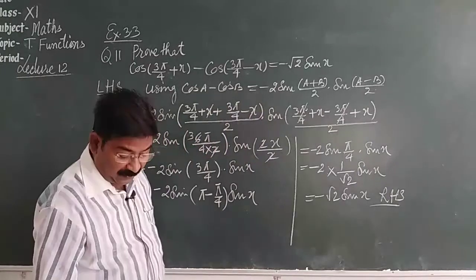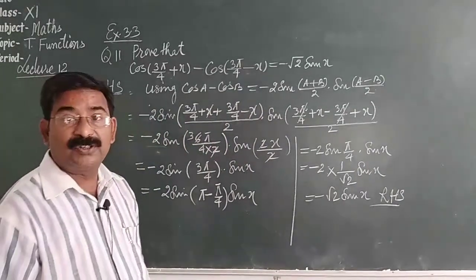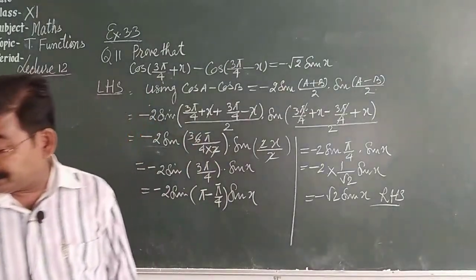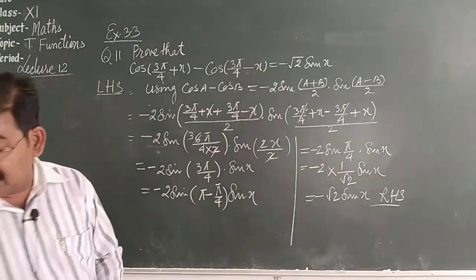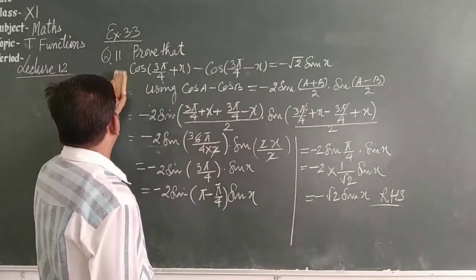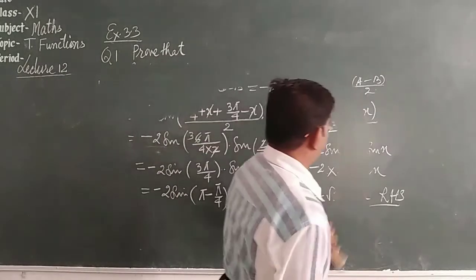Got it? So very simple questions these are. Just you have to follow the instruction and you have to follow the formula and you can get the result. Got it? Let's see, question number 12 is an easy question. Again we have to prove something.